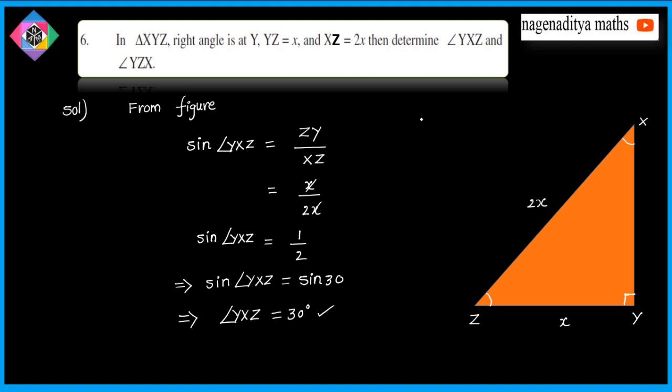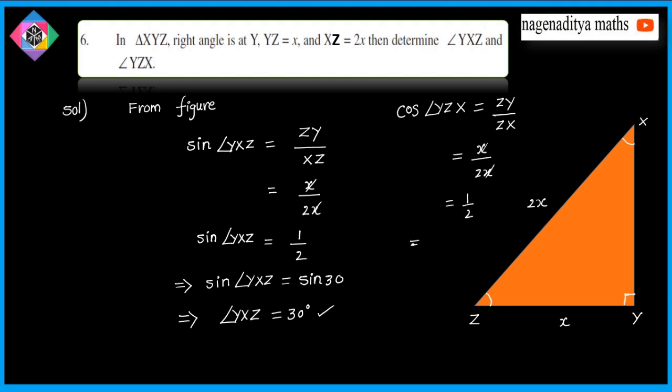From the figure, cos of angle YZX is equal to the adjacent side ZY by the hypotenuse ZX, which is X by 2X. The X's cancel, and this is equal to 1 by 2.